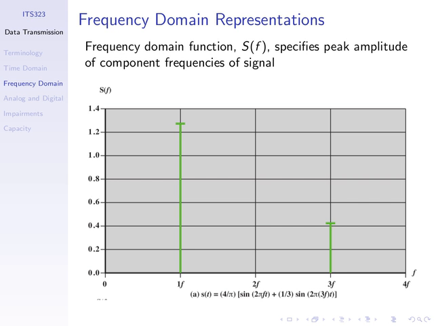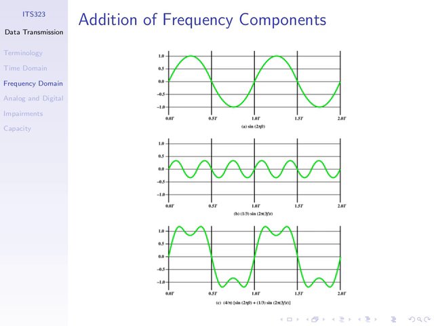One component, the second component, add them together and we get a signal shaped like this one. So looking at this signal, signal C, there are two components. The first component has a frequency of 100 Hertz. The second component a frequency of 300 Hertz. The first component has a peak amplitude of 1. The second component a peak amplitude of 1/3.